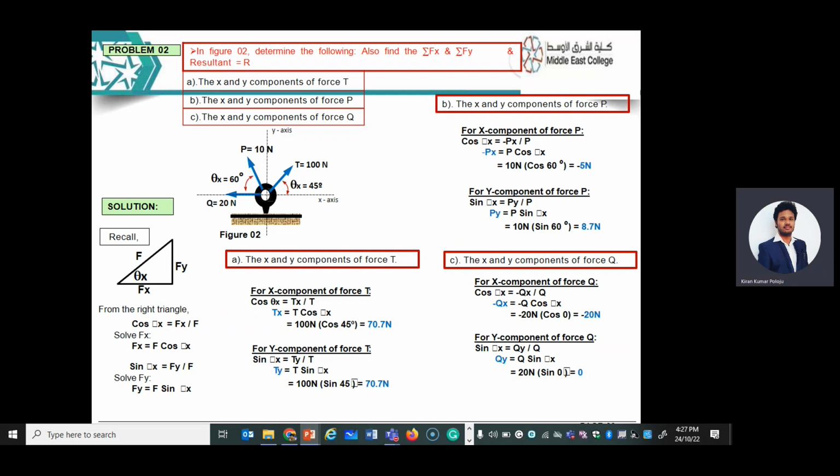Now, here in this question, it is asked to determine the resultant also. We calculated only the horizontal force and vertical force for each point. What is the formula to calculate the resultant? Under root of summation Px squared plus summation Py squared. I think the square is there, I'll check.